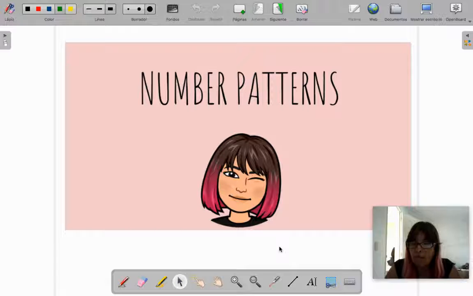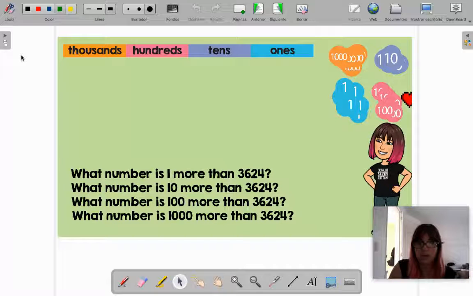A pattern is when maybe you repeat the same number, or you change the same number, or you add the same number, or you subtract the same number in a series of many numbers. You are going to understand right now when I show you the patterns that we are going to be working on. It's something like this, okay?